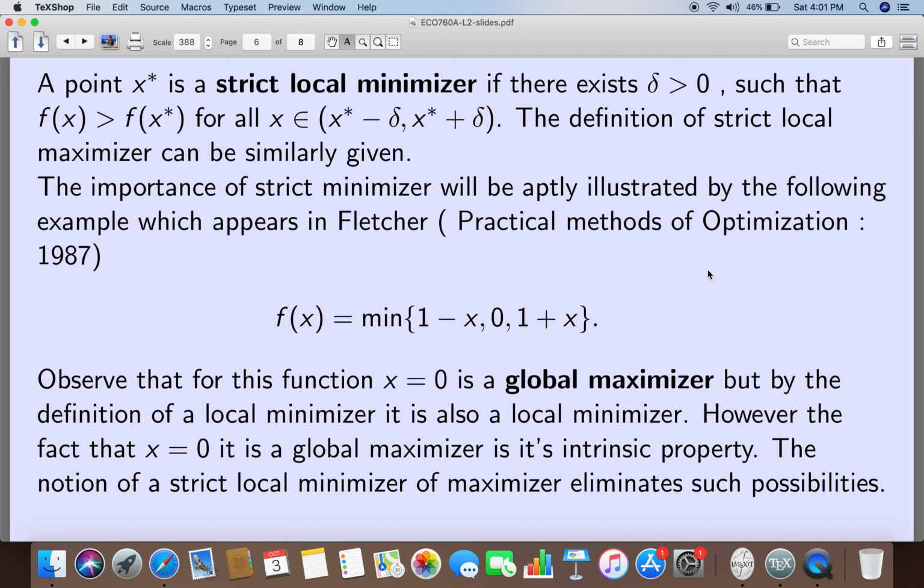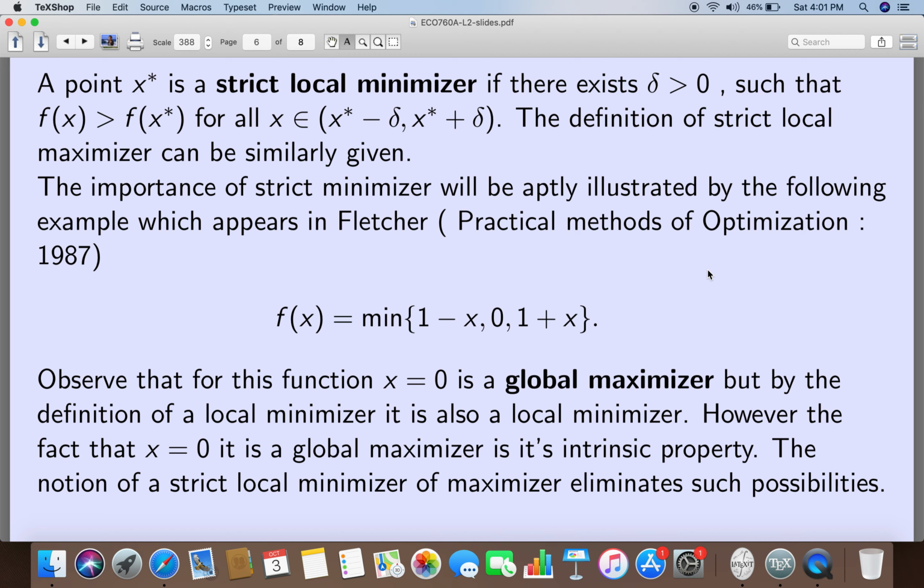So how have I computed this function? This function is an interesting function. This function will not have a derivative, say at -1 and +1. So what I do, I plug in the value of x. When you take any x, say take x equal to 1, it is 1 minus 1 is 0, 1 plus 1 is 2. So what is the minimum of all these three values? 0. Now put x equal to half.